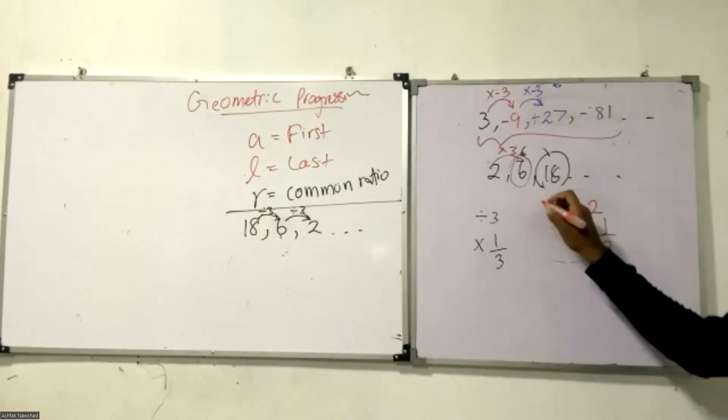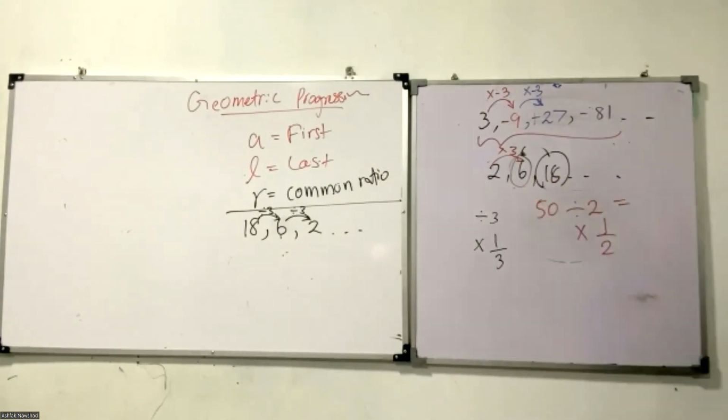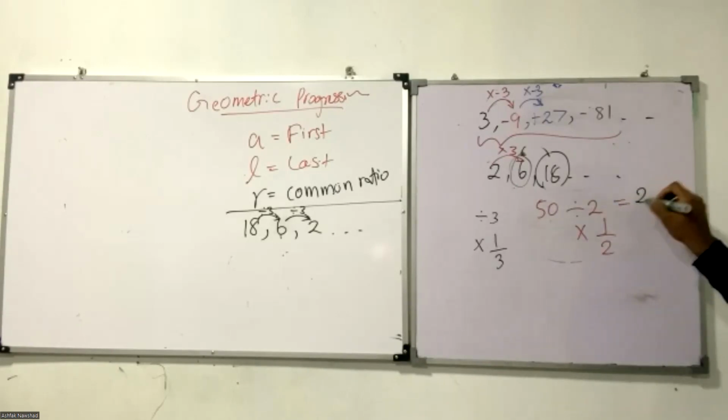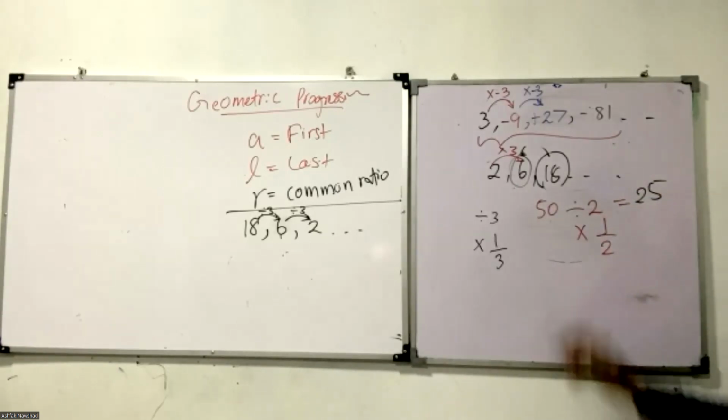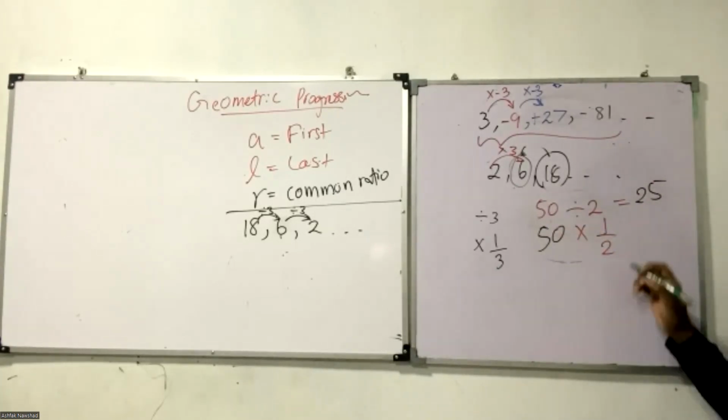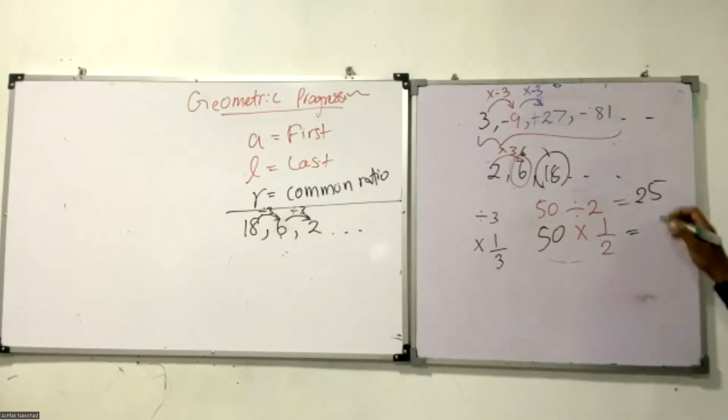What is 50 divided by 2? Yes, 50 divided by 2 is 25. And what is 50 multiplied by half? 50 multiplied by half is also 25.